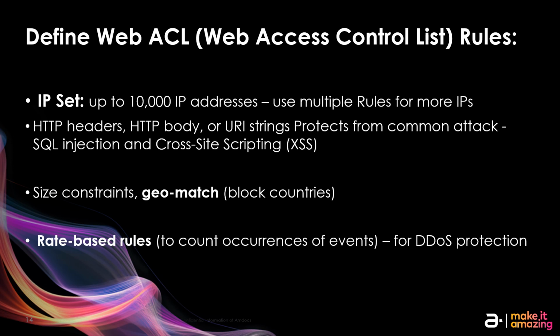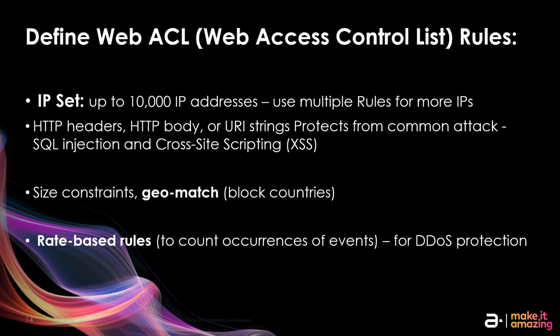Next, you have size constraints and geo match. Size constraints define how big a download or upload you can perform. This helps website or application makers to look out for duplicate website makers or owners.